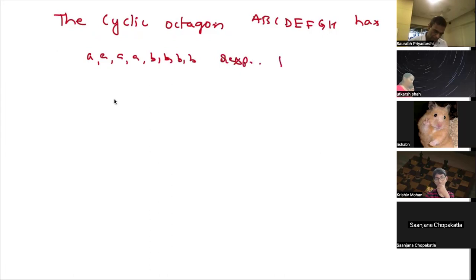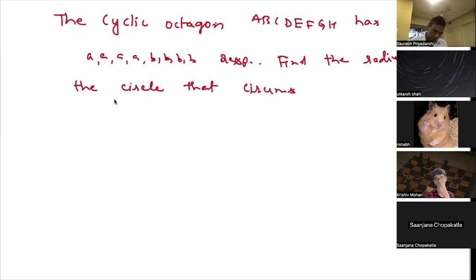Find the radius of the circle circumscribing A, B, C, D, E, F, G, H. You have to find the radius of this.